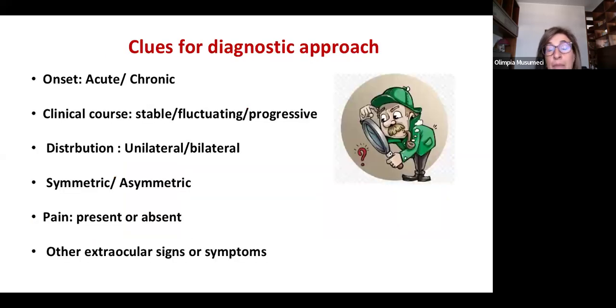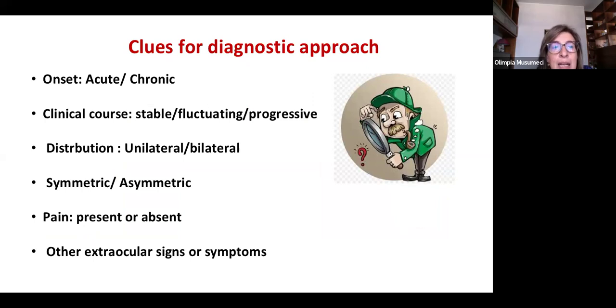The diagnostic approach to ophthalmoplegia, or ophthalmoparesis, with or without eyelid ptosis, has to consider several points. First of all, the onset, which can be acute or chronic.